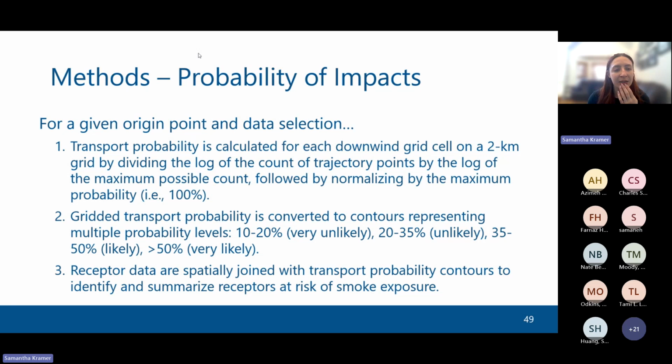The way I would interpret the very unlikely category in words is that it's not likely to happen, but it could. Whereas in the very likely category, if you produce any smoke in this area, you're going to get it there. The very unlikely category represents the fact that we do not include the smoke emissions.